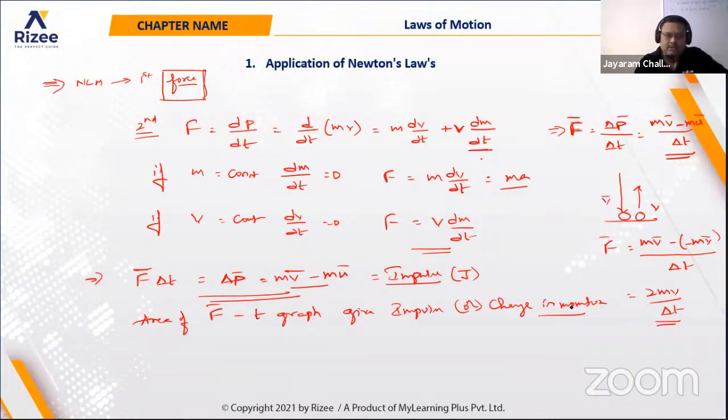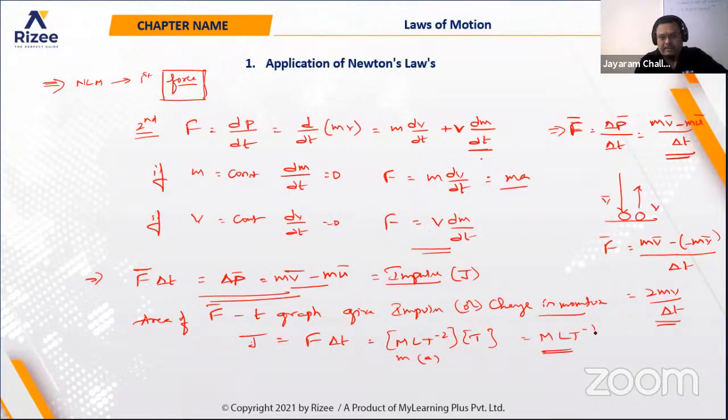You can have the dimensional formula of impulse, the change in the momentum here. J can be written as force into delta t. Force dimensional formula is MLT to the power of minus 2, which is mass into acceleration, and into time. So that comes out to be MLT to the power of minus 1.